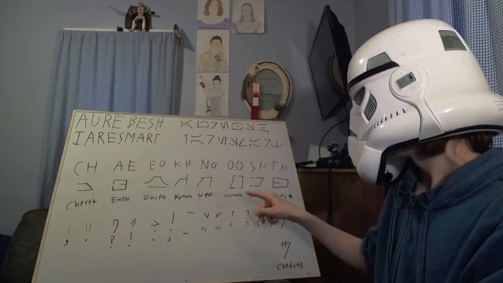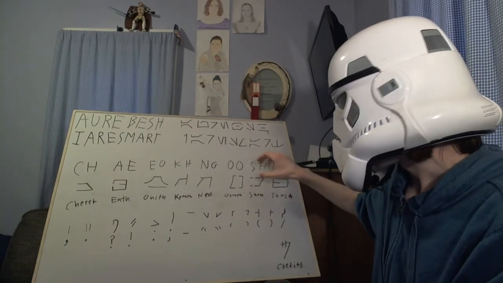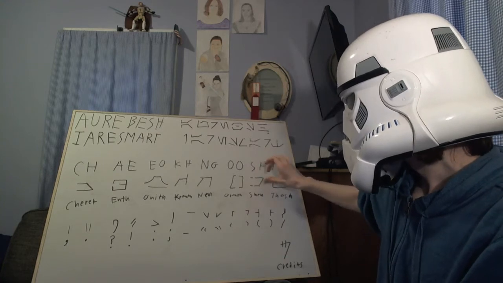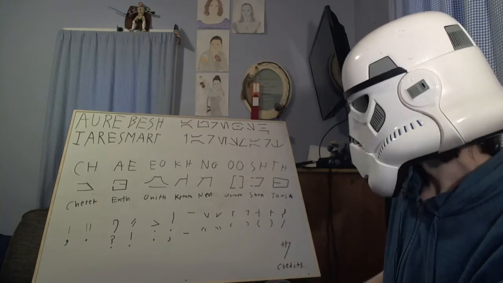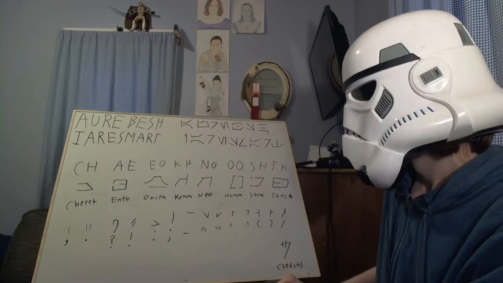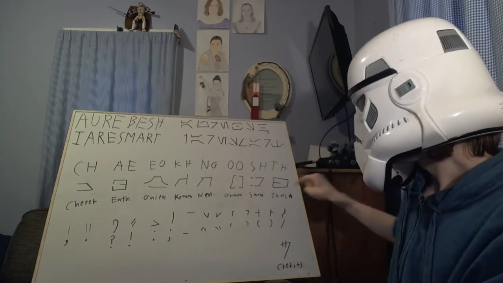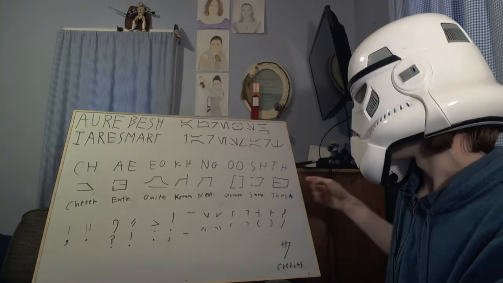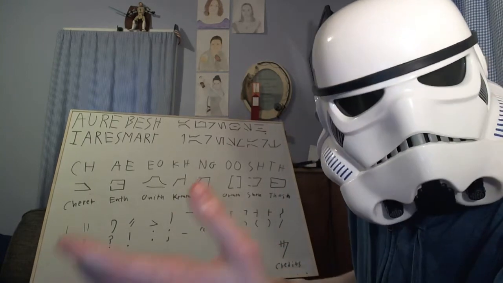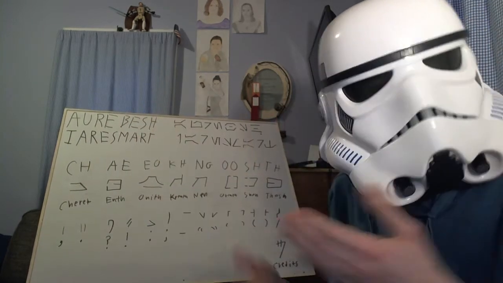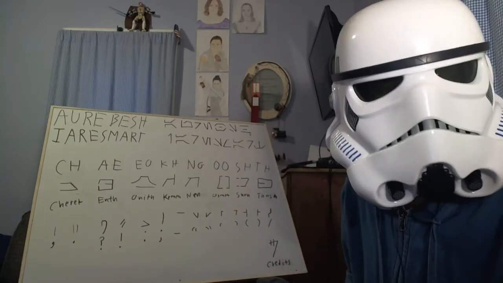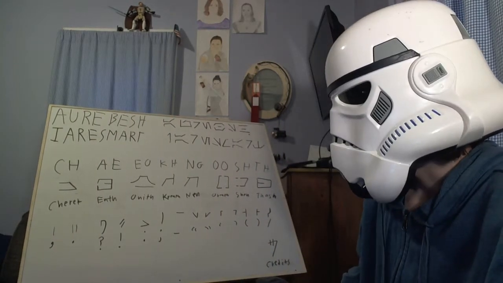Then we have Shen, which is these two dashes, and then they break, and they connect to this other shape, which just kind of goes down, then back. So yeah, that's just SH. Then finally we have TH, which is a complete rectangle with a line, and that's Thesh. So those you might see more often. I figured I'd cover them anyway. I really don't know how often you see them. I don't see them too often, but they do happen once in a while.